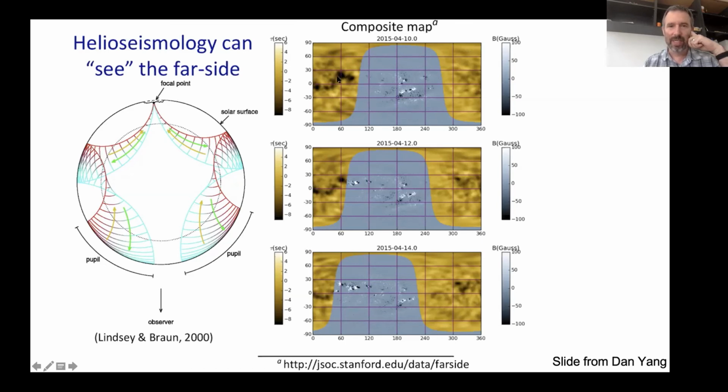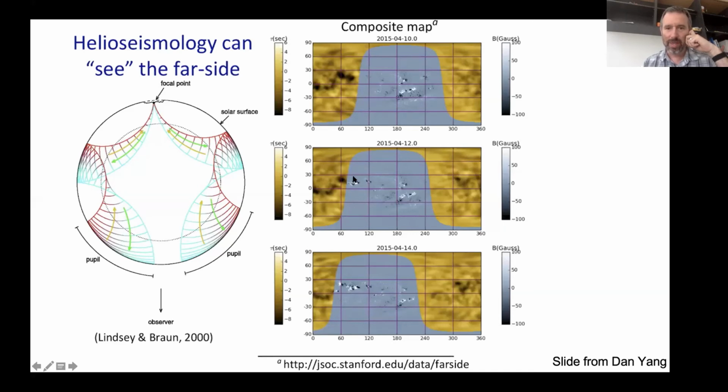The dark regions are where the travel times are a little reduced. We're talking about 5-10 second size signals in the travel times. And the gray images are showing you magnetograms taken on the near side of the sun. So the part of the sun we can actually see directly. And we're looking at 3 different days here. So you see there's a big feature here in the far side map.